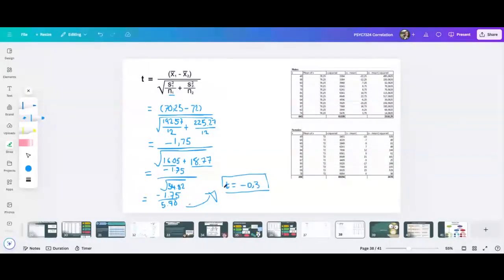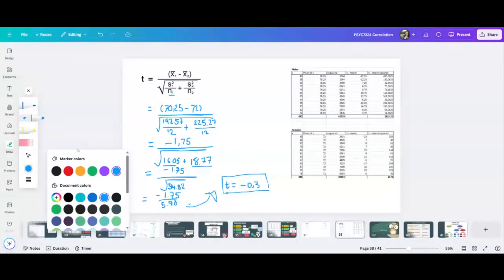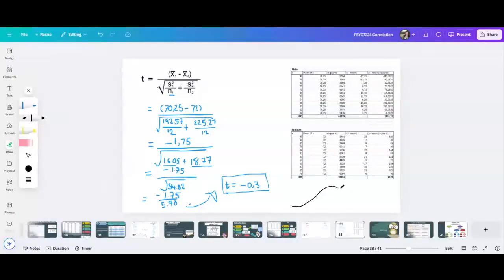We have a t-value. Okay, and again it makes sense that it could have been a negative value because we did a two-tailed hypothesis. Simply, was there a difference between the male scores and the female scores in the class?